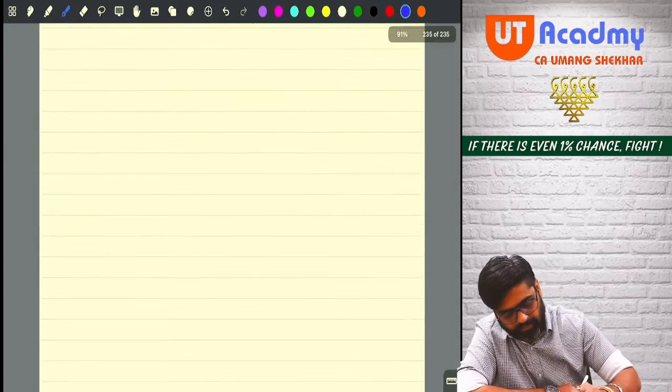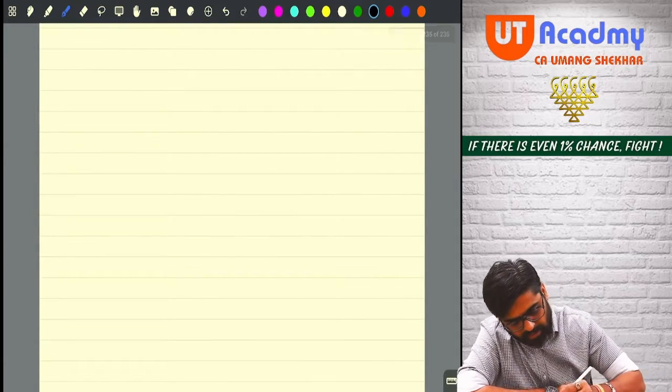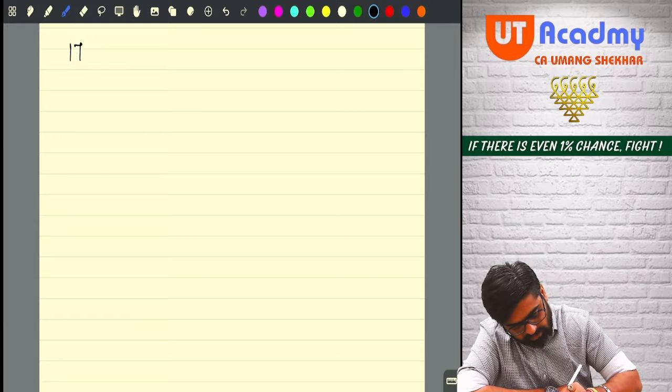Interest benefit. Come on. In clause number 8 of section 17 subsection 2.